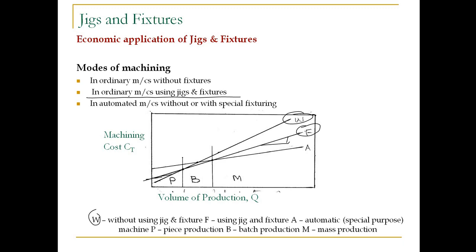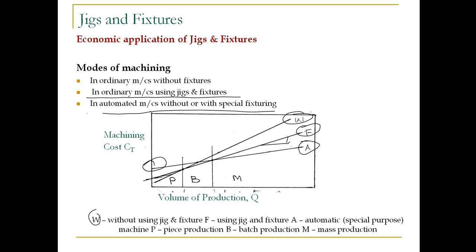The third scenario is automated machines, fully automatic or semi-automatic machines with or without special fixturing. That case is shown by A. In that, you can see the initial cost of the machine will be much higher.